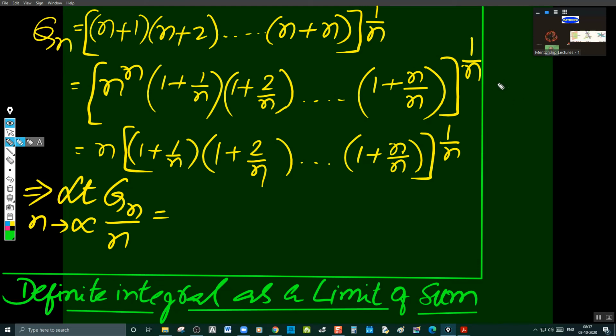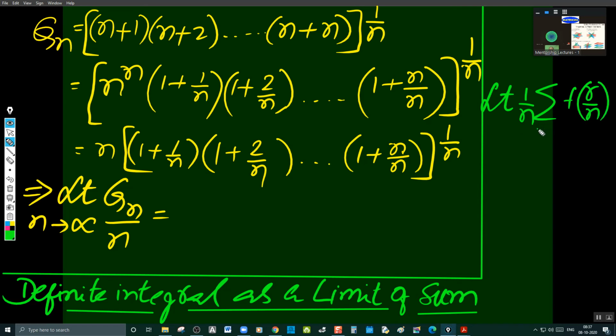Limit of one by n sigma f of r by n, r runs from 1 to n as n tends to infinity.